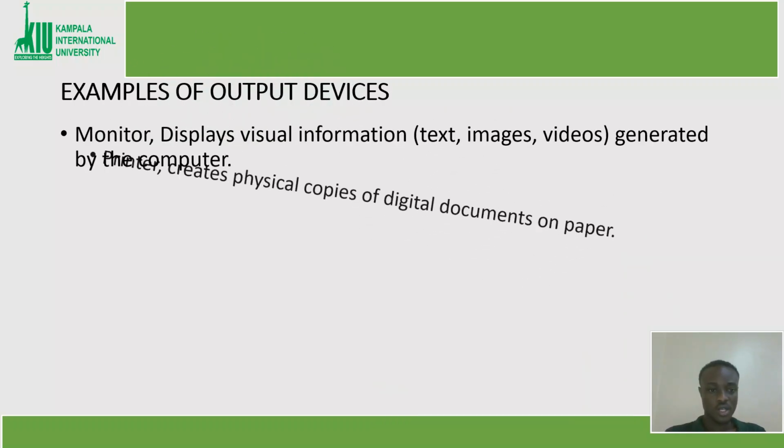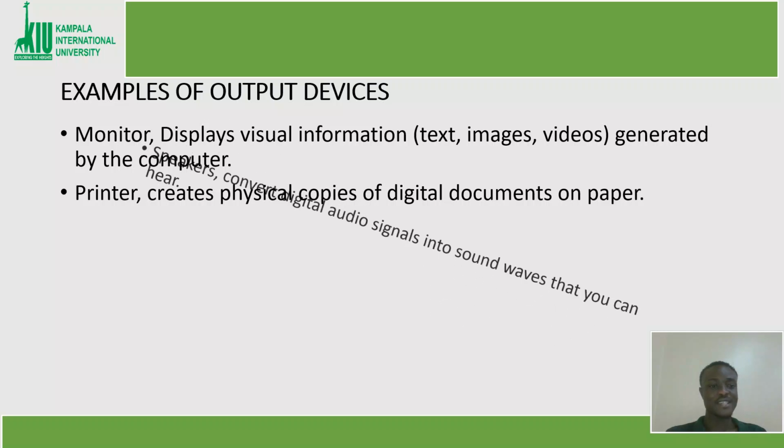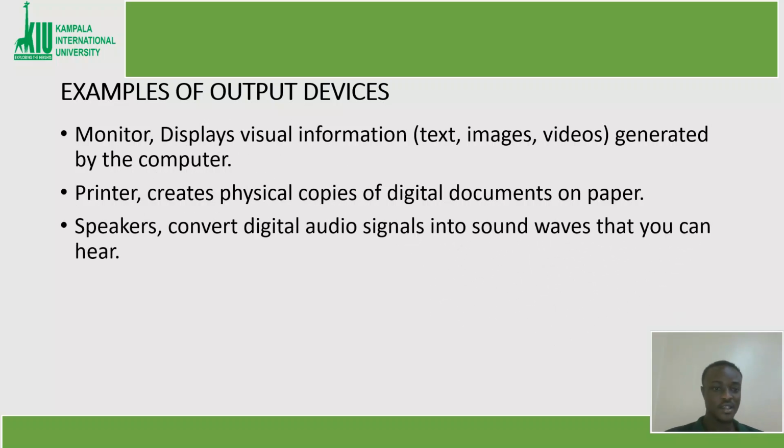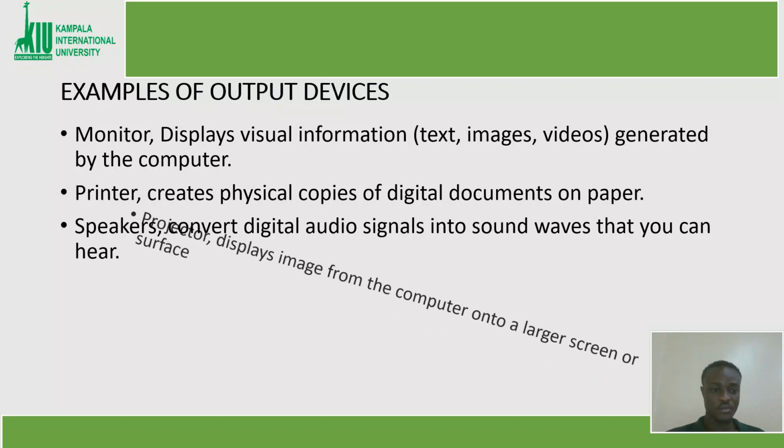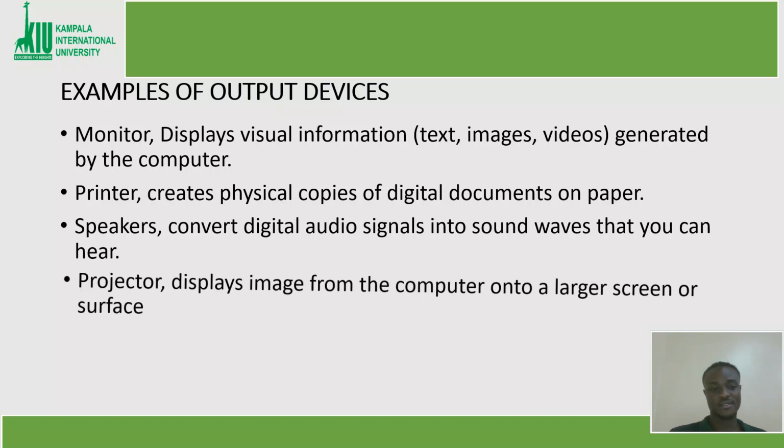Examples of output devices: you have a monitor, which displays visual information, text, images, and videos generated by the computer. You have a printer, creating physical copies of a digital document on paper. You have speakers that convert digital audio signals into sound waves that you can hear.